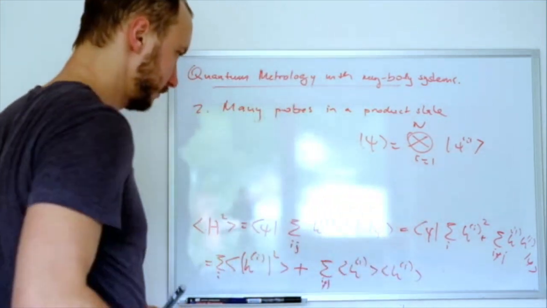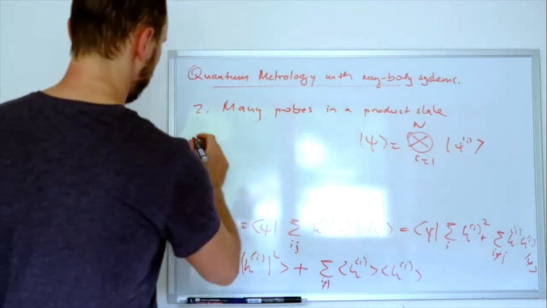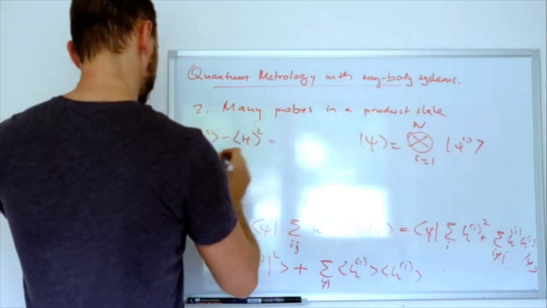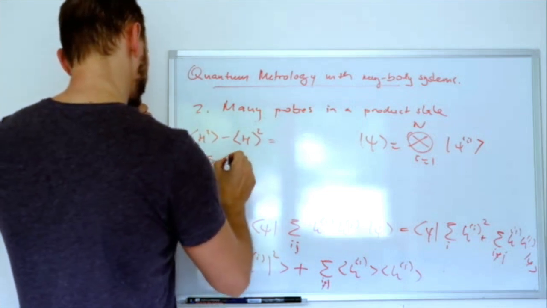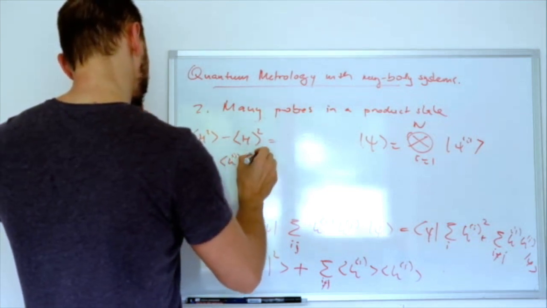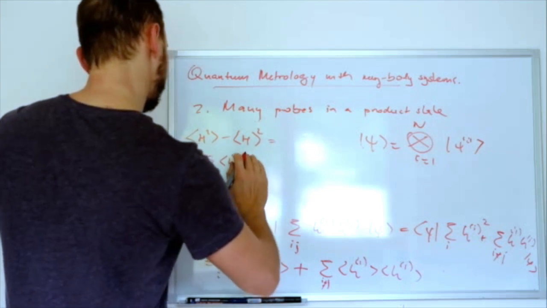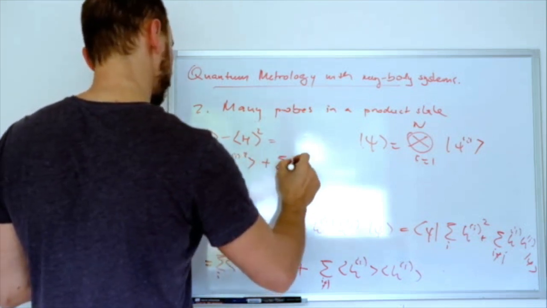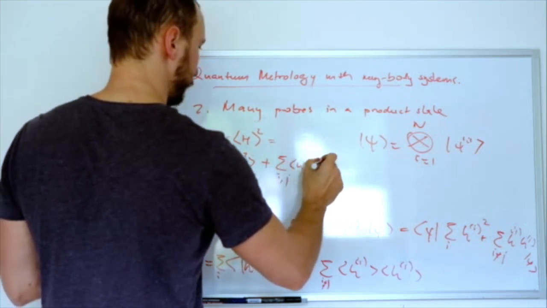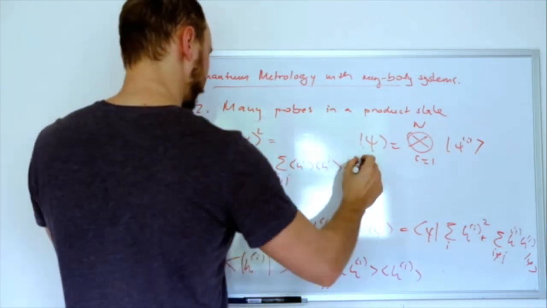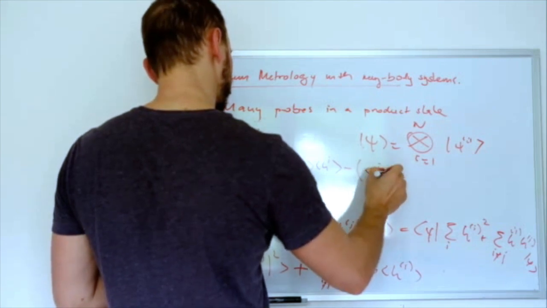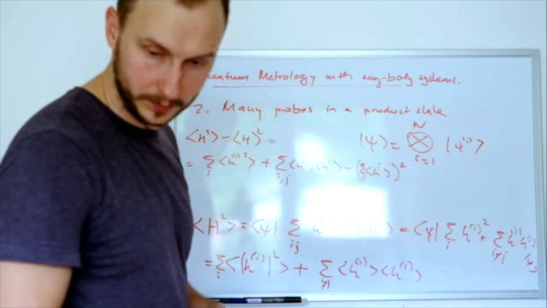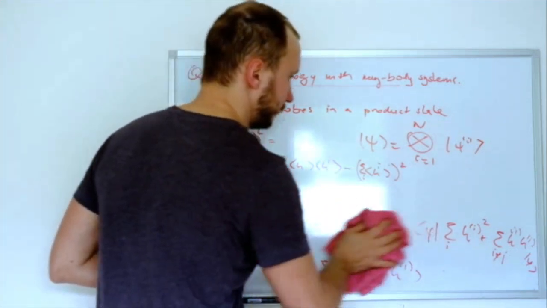Good. So finally, if you take the difference of the two, the variance is the expectation of H squared minus the expectation of H, squared. So this is the sum of H_i squared, plus the sum over i not equal to j of H_i H_j, minus the square of the sum of H_i. Now we just open the bracket and we get a result.